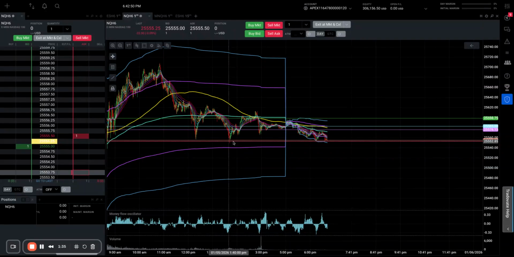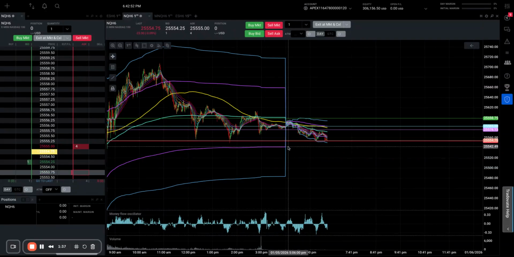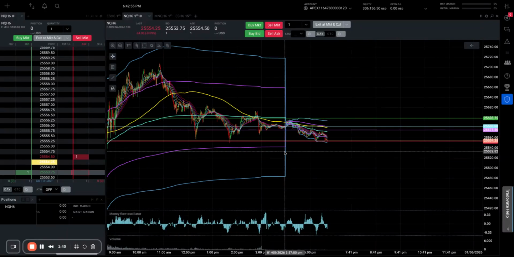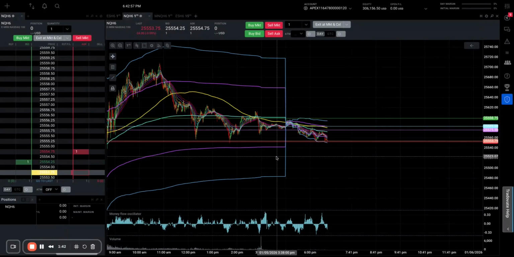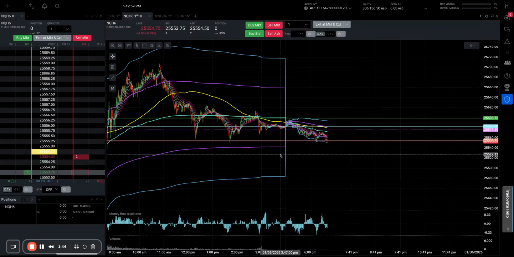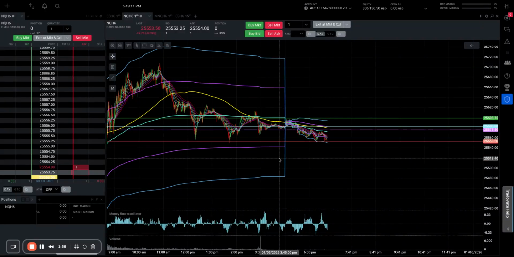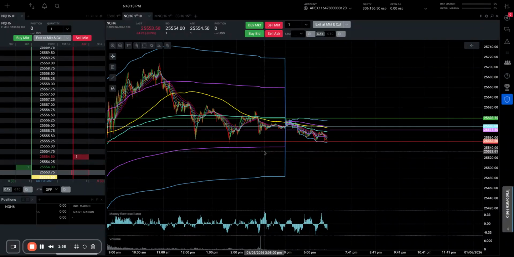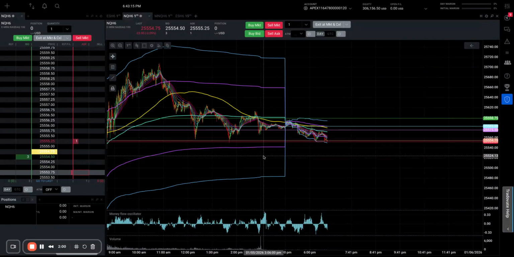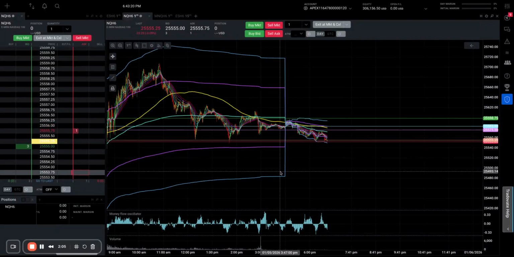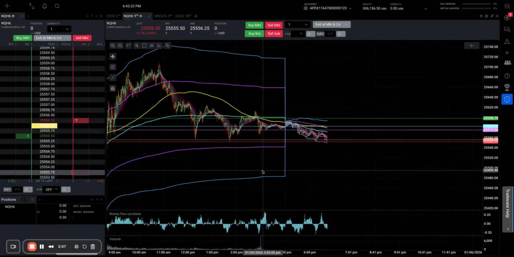Since this area has already been tested twice, it could easily come down into this area, 25% of the way down. Usually the best bounce to get a little pullback is going to be either 25% of the way down or, you guessed it, 61.8. These levels are going to be your bouncers.